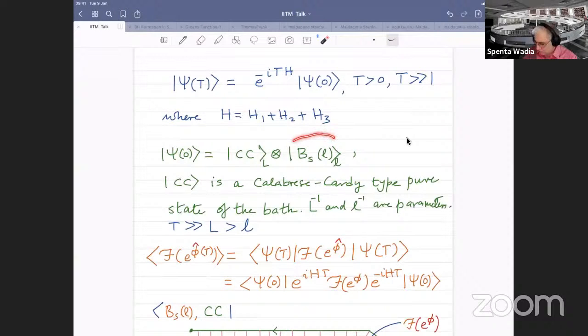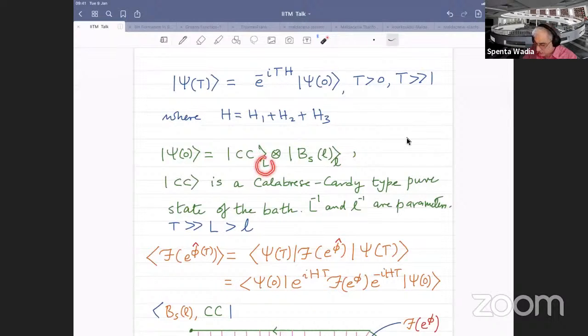It is the BSL state, the old friend that we worked with before, together with a Calabrese-Cardy type of squeezed state, which describes the initial pure state of the bath. Both these states are described by some parameters, small l and capital L, which in the thermalization limit translate into inverse temperatures.